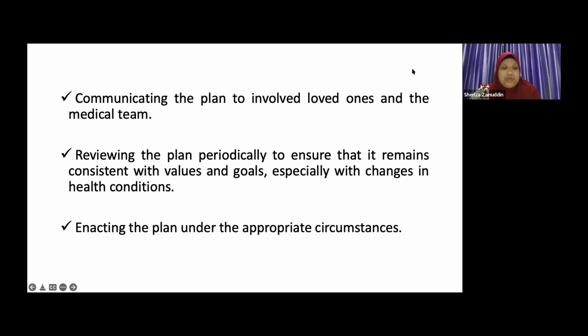That means it should be reviewed regularly to ensure it remains consistent with the values and goals of the patient, especially when there is a change in the health condition. For instance, maybe he is having disease progression. With every change in his health condition, we should review the ACP plan and discuss again the values and goals of care or even the preferences of the patient. And then make sure the plan is carried out according to his circumstances.